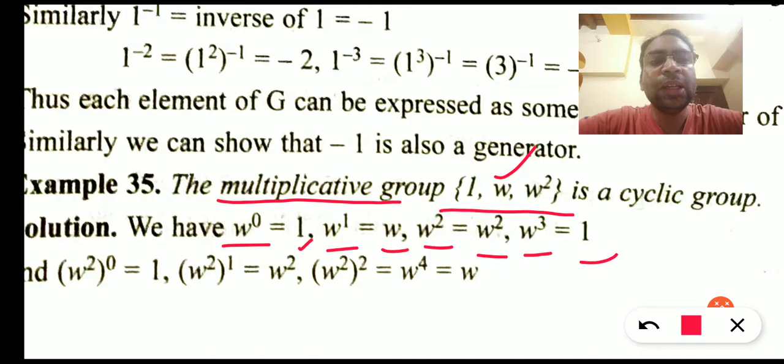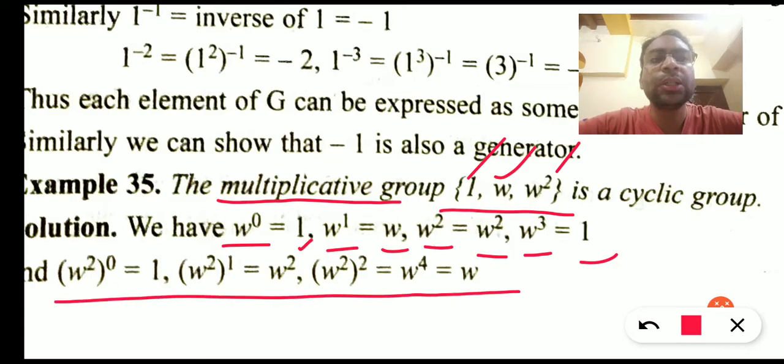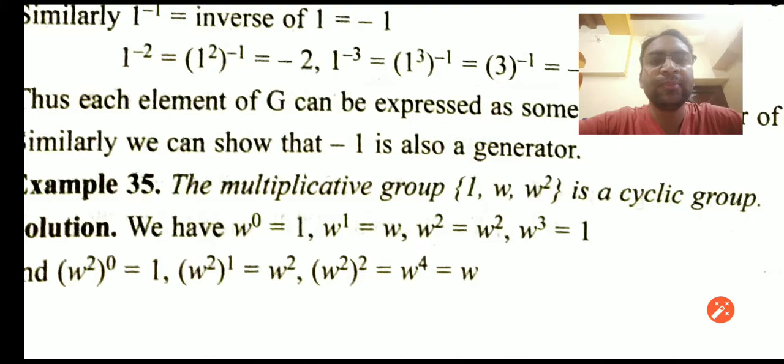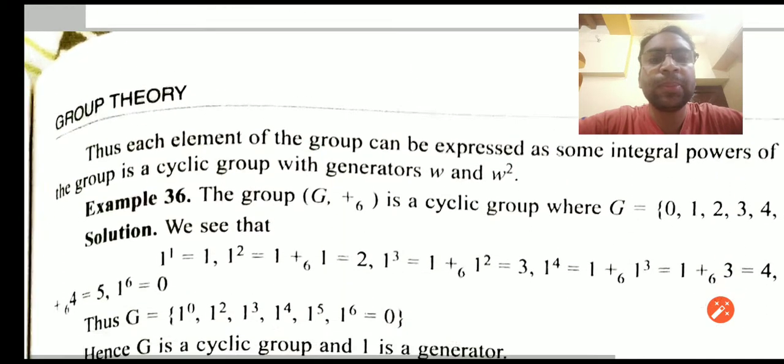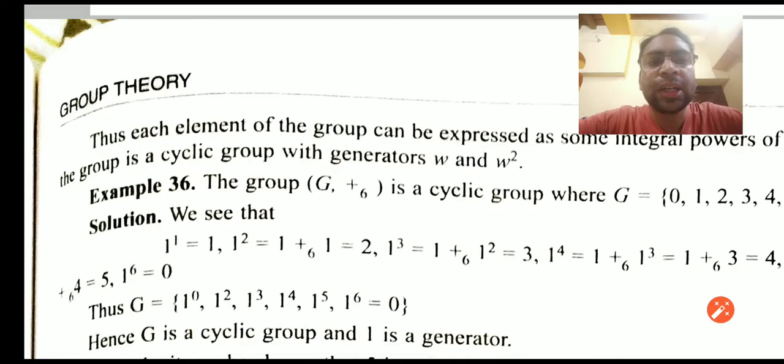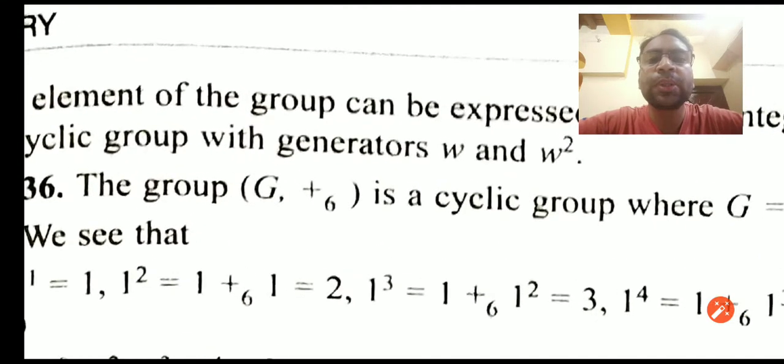So we can see all the elements of the set can be obtained with the help of w. Just by taking w to the power n, we can achieve all the other elements of the set. So this is also a cyclic group with the generator w. You can see with the help of these two examples that these are cyclic groups.